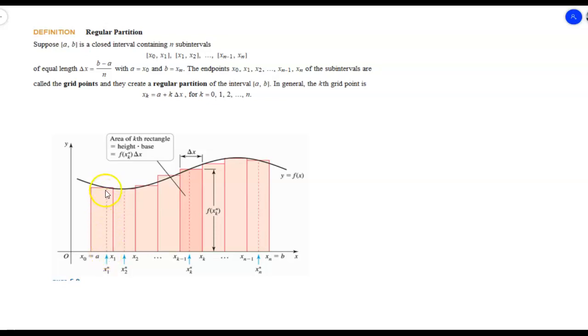So the x value went right up to the point on the curve, and then they made a rectangle and found the area of that rectangle. And they did the same thing for each one of these. They just picked some point in there, went up to the top wherever they picked that point, and found the area of that rectangle.